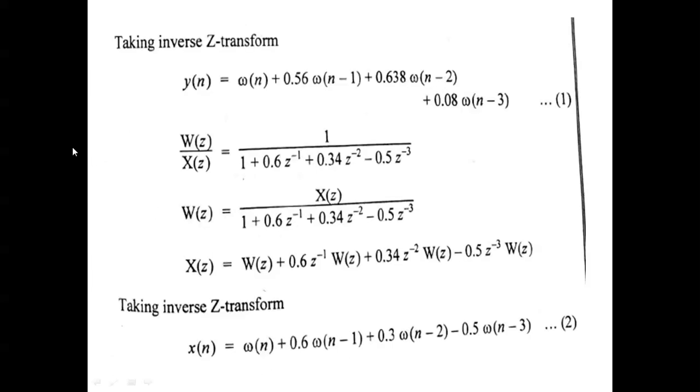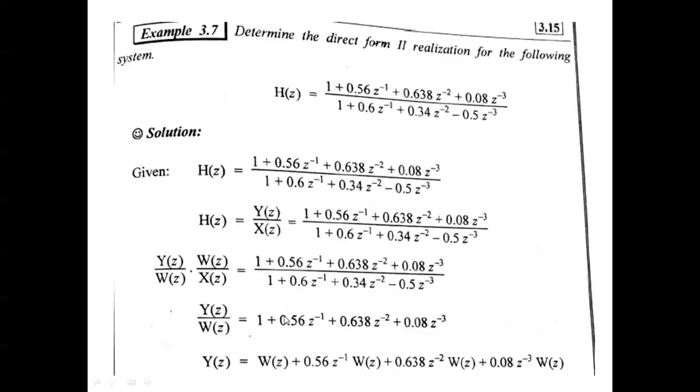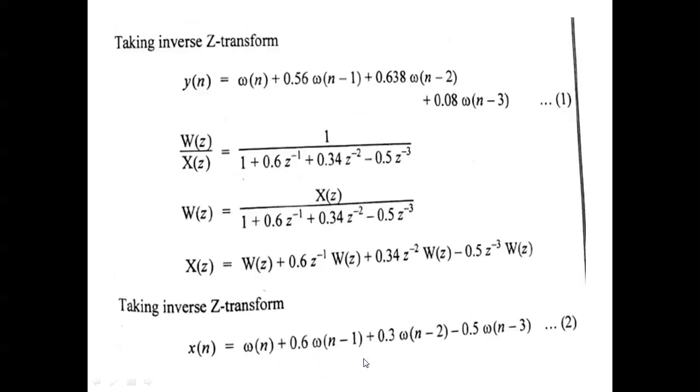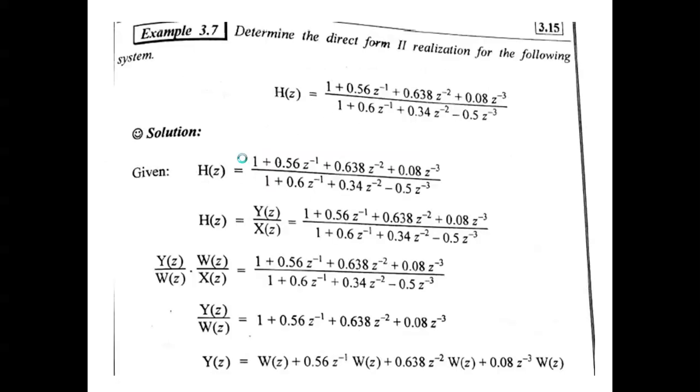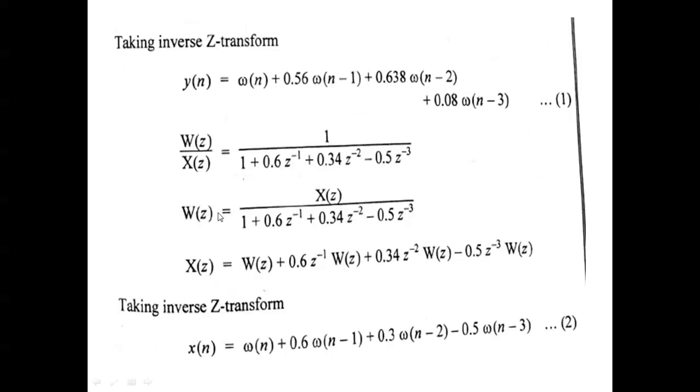Then taking the z transform for this numerator part, you get 0.5 w of n minus 1, 0.638 w of n minus 2, 0.8 w of n minus 3. In the previous one, W of z over X of z is the denominator part.